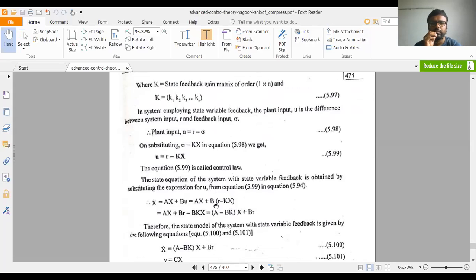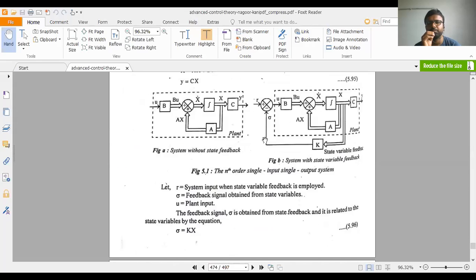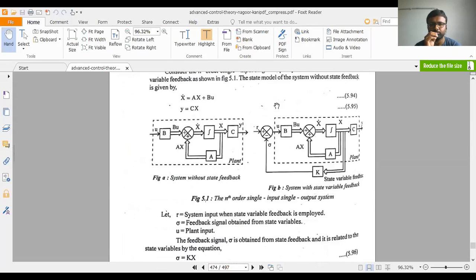The plant input here is U. This plant input U can be taken as R minus sigma. What is sigma here?